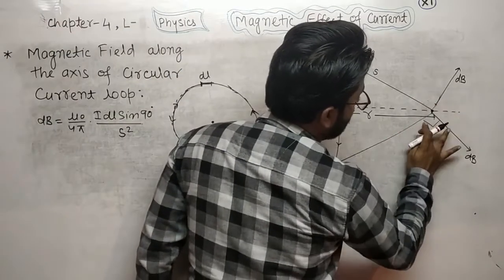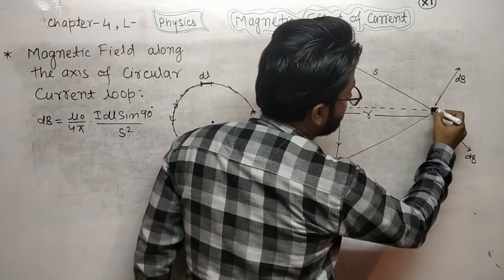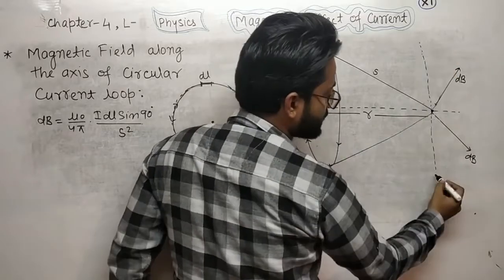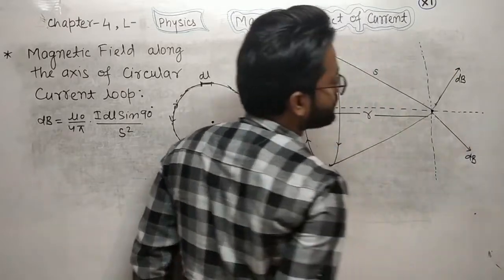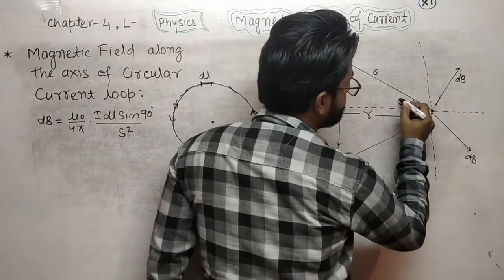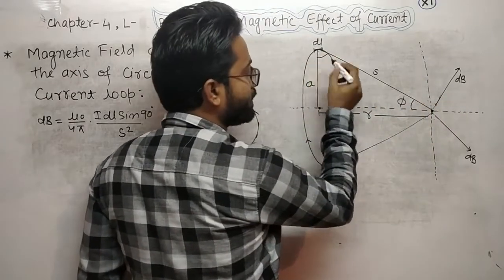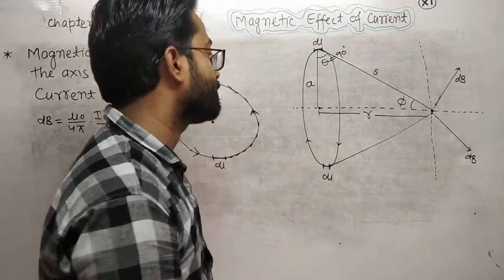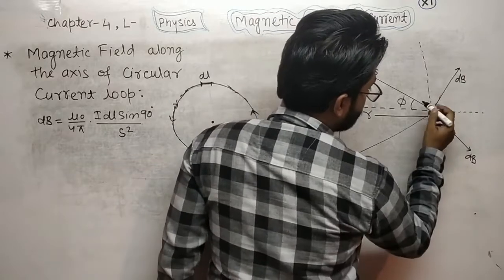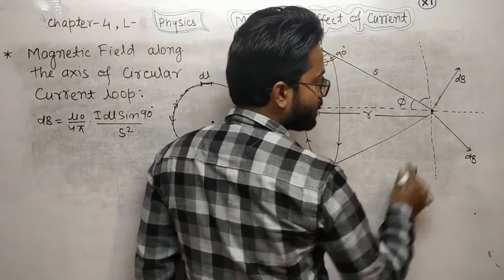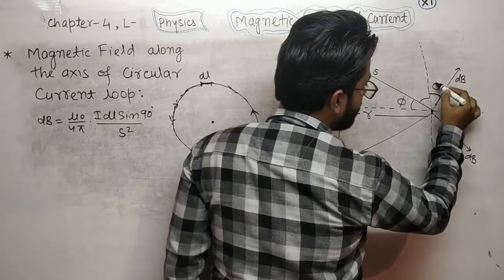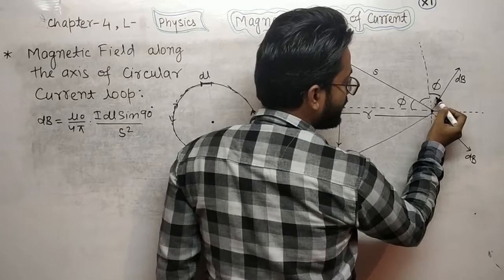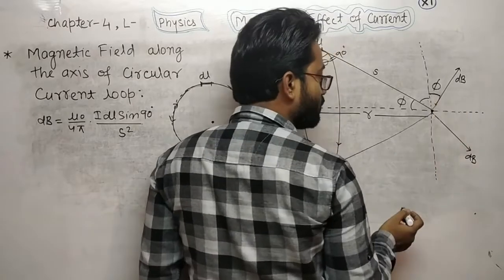If you resolve these vectors into horizontal and vertical components, this is the vertical axis and this is the horizontal axis. Let us suppose this angle is phi. Then this will be 90 minus phi, and this will again be phi, because if one angle is 90 minus phi, the second angle will be phi only.